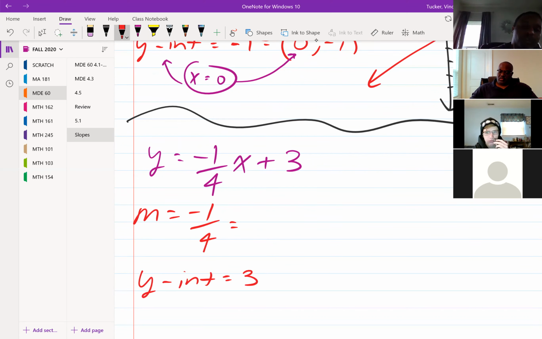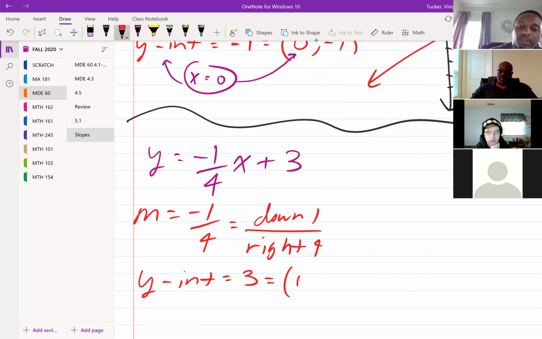This is negative 1 over positive 4, so we go down 1, right 4. 3 as a y-intercept is 0, 3.